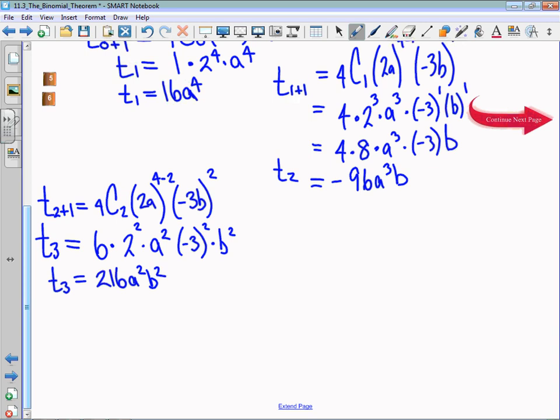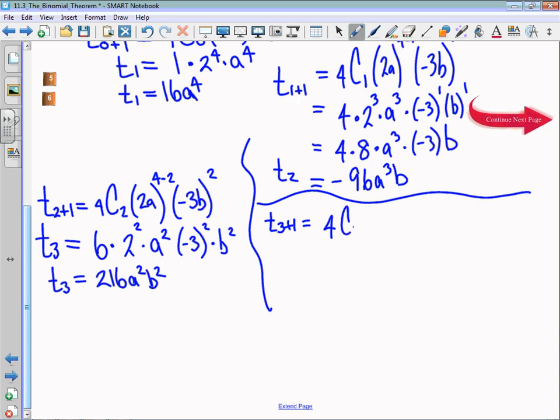Notice the pattern on our exponents is still holding true. All right, next up, we're going to find term 4, which is when k is equal to 3. That's going to be equal to 4 choose 3 times 2a to the power of 4 minus 3 times negative 3b to the power of 3. So 4 choose 3 is actually the same thing as 4 choose 1.